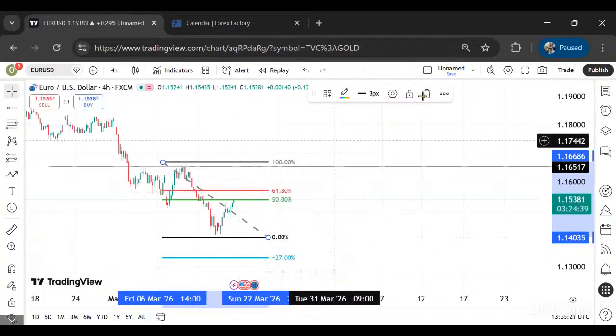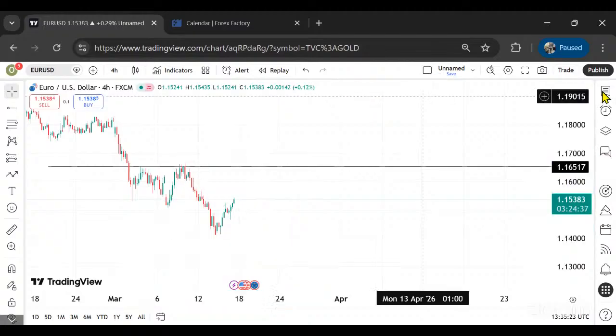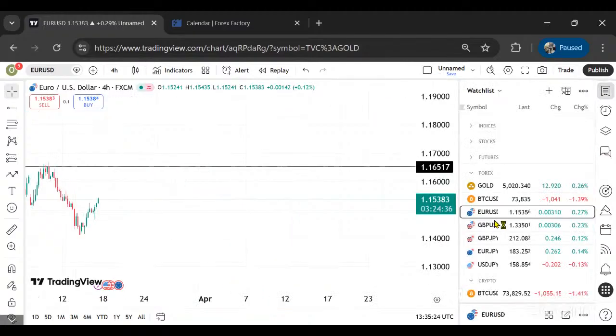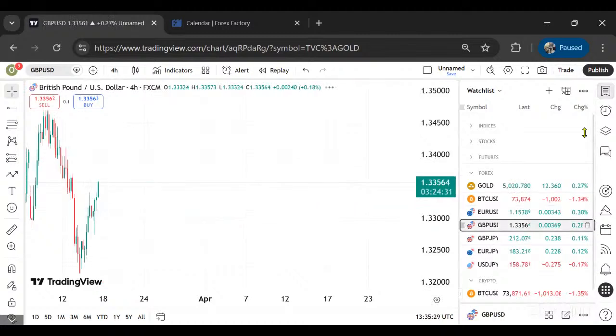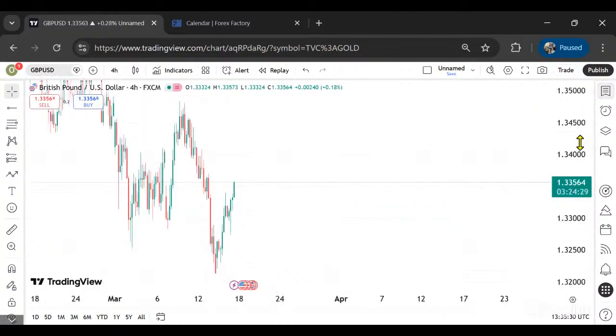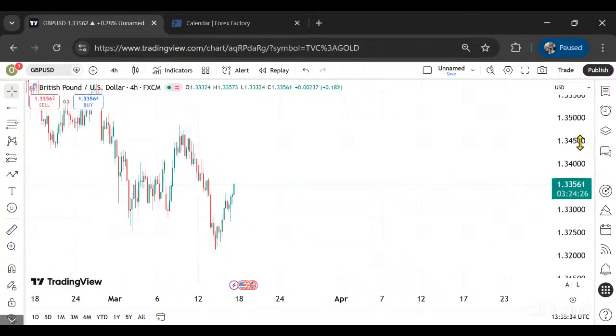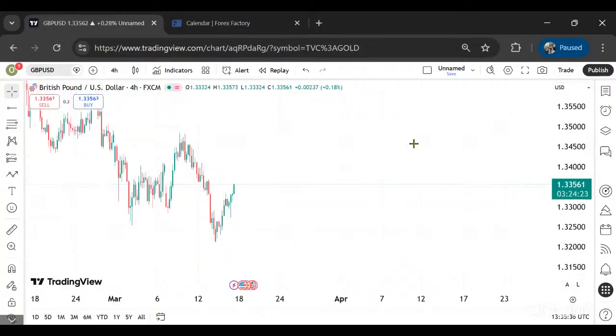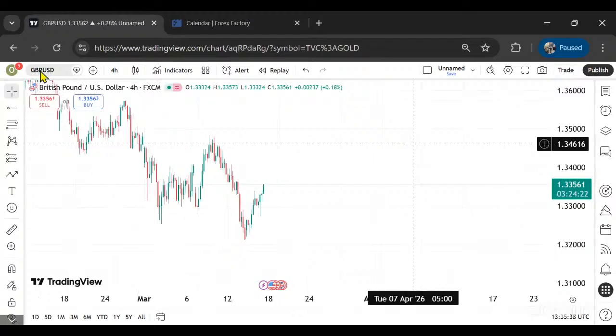So there are possible things that could happen to this particular market, Euro USD. Now, most of you know that Euro USD and GBP USD are like brothers and sisters. Whatever is happening to Euro USD is the same thing that is happening to GBP USD.